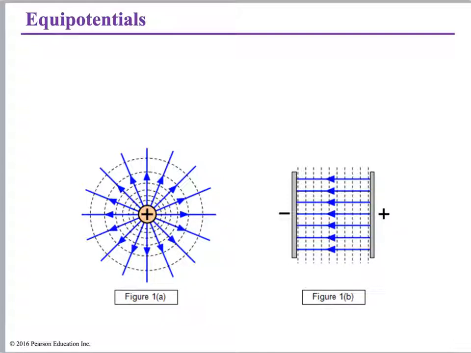Just as a reminder, we had said that the change in potential is equal to minus the integral of E dot ds. And so one of the things that this told us is that the electric field points in the direction of decreasing potential.